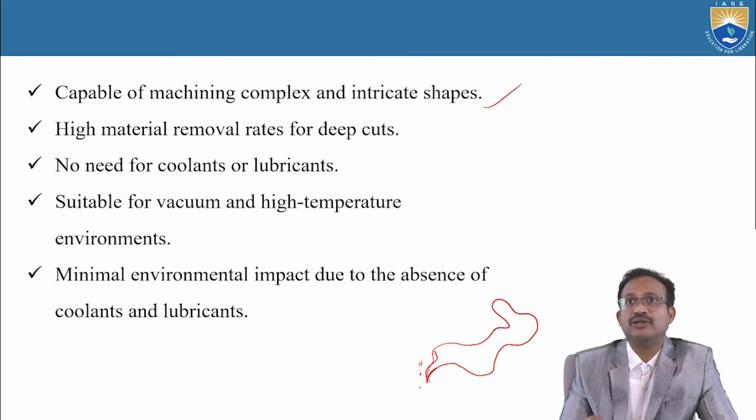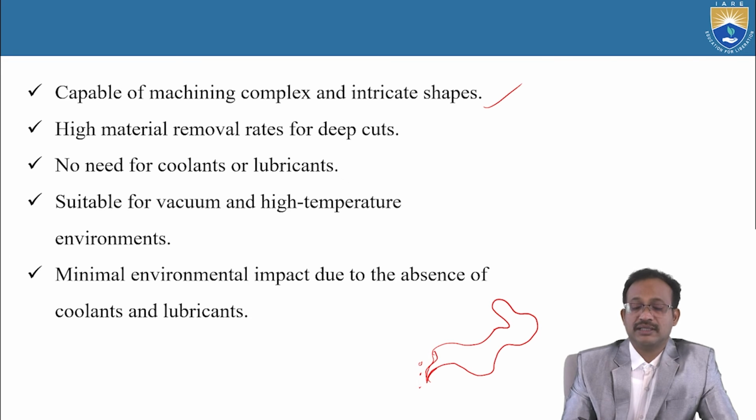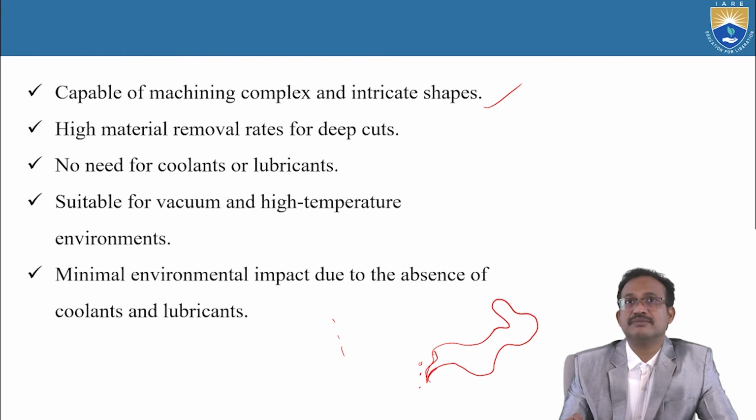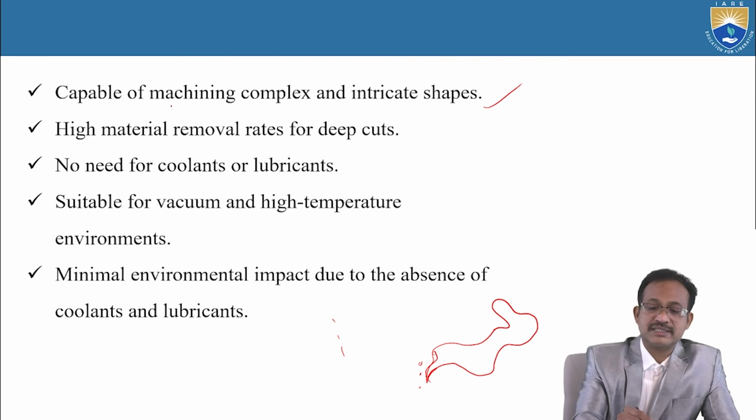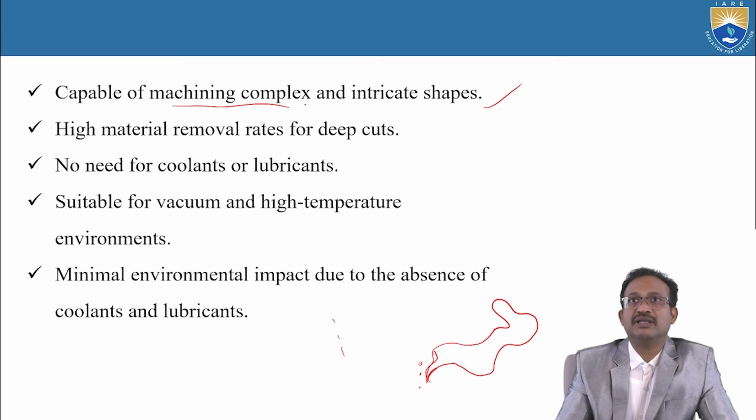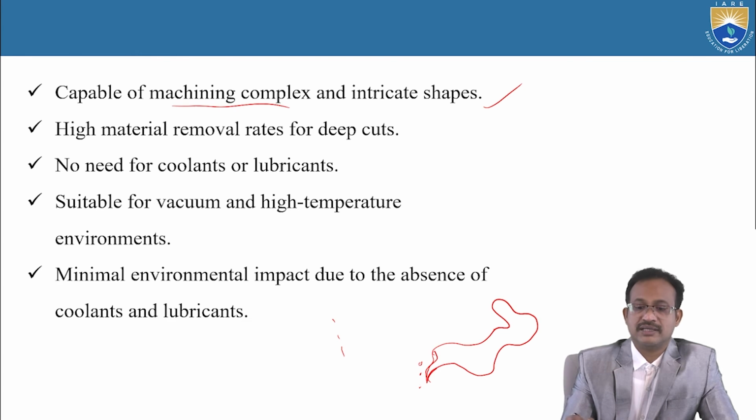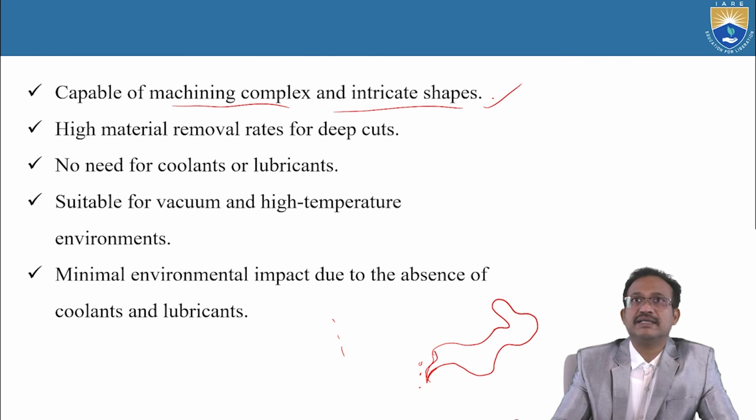There is no physical tool, only the point, that is the electron beam. The beam of electrons strikes the workpiece material along the set path so that we can remove the material, whatever the complexity of the workpiece and the intricacy of the shape.